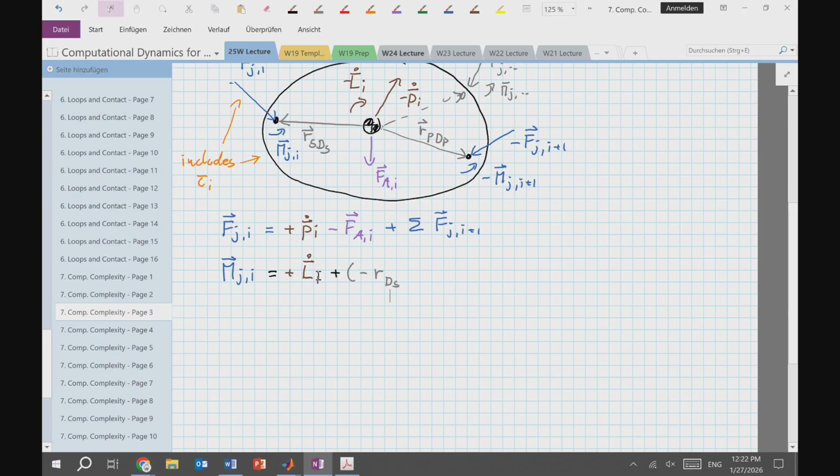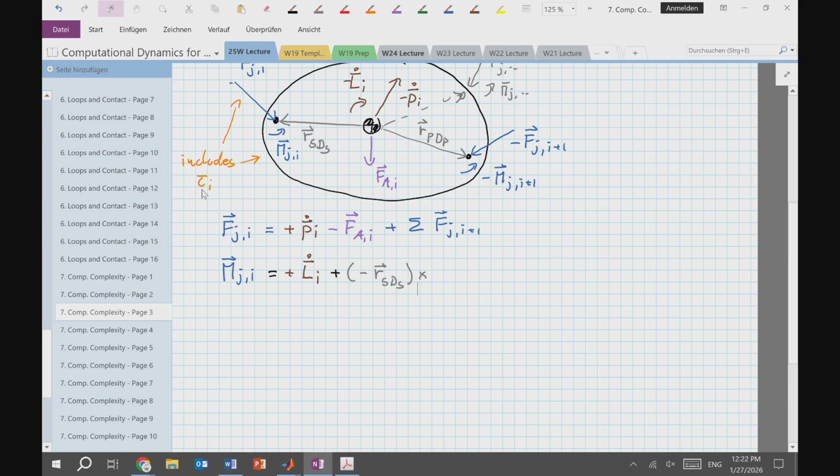And so I have here the vector minus rs ds cross product. So my reference point for the torques that I'm writing down is this point, this joint.